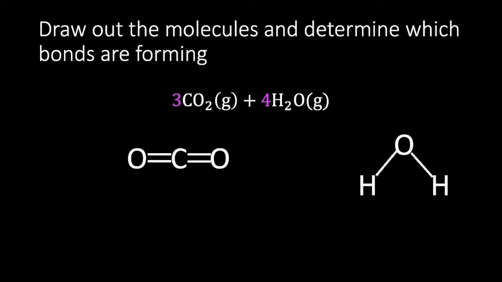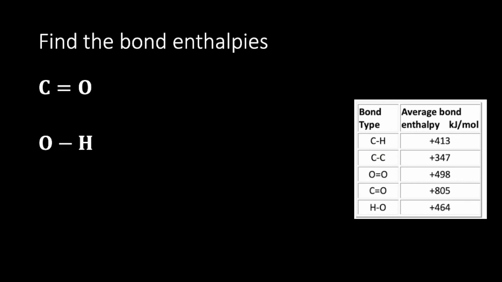So we're going to have to take that into account when we add up our bond enthalpies. Likewise, we have 4 water molecules and each has 2 oxygen-hydrogen single bonds. So let's remember this for later. We'll look at our tables and find the bond enthalpies for our carbon-oxygen bond, and we'll do the same thing for our hydrogen-oxygen bond.